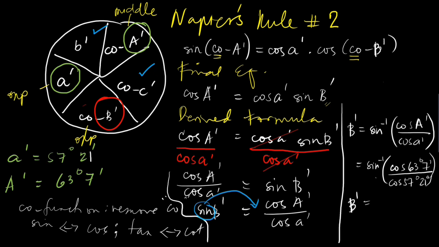So arc sine of cosine 63 degrees 7 minutes over cosine 57 degrees and 21 minutes. So we have 56 degrees, 56 minutes, and 34.95 seconds. Okay.